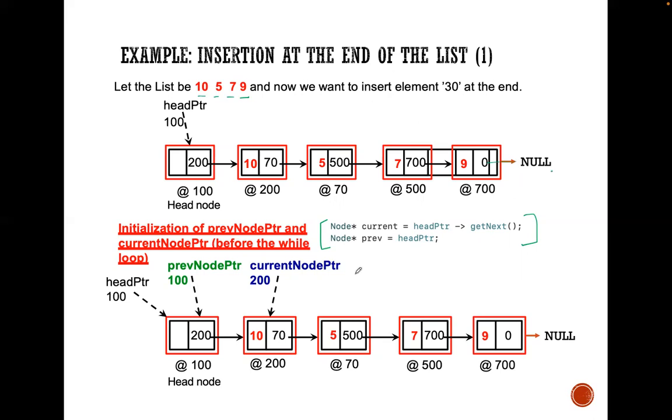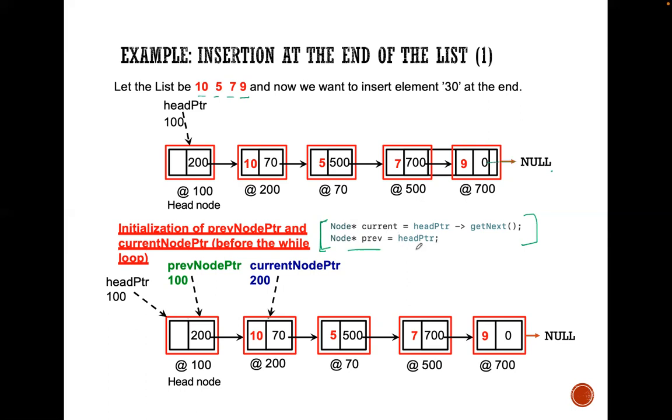So this is our first two lines of code. Current will point to the next of the head pointer, and that is this node. So the next node of the head pointer is this node, so current will point to this one, and previous is the same as the head pointer.